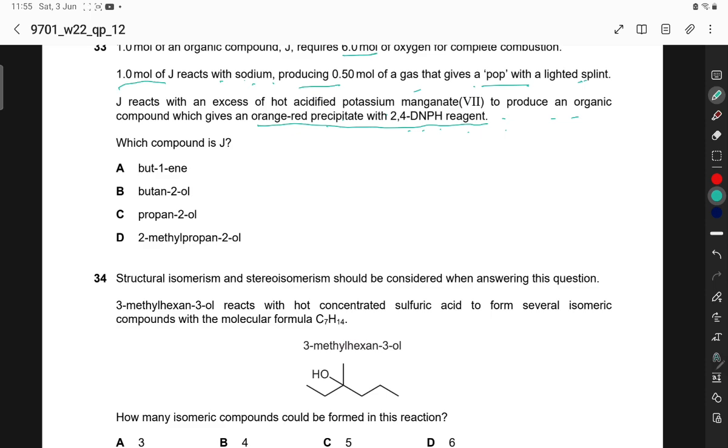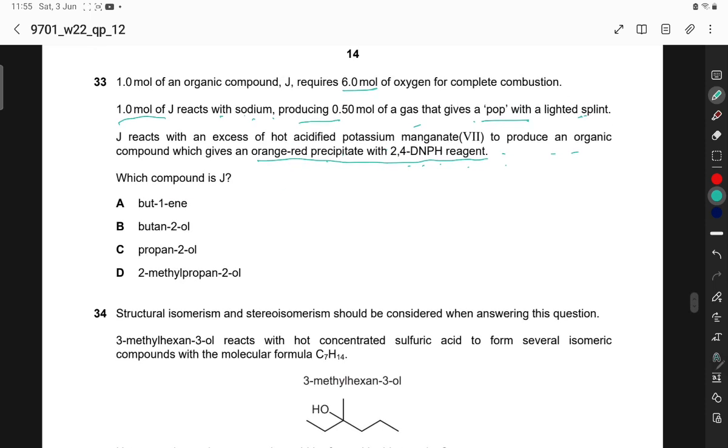But-1-ene. If it gives a positive test with 2,4-dinitrophenylhydrazine reagent, but-1-ene is an alkene, and an alkene does not give a positive test with 2,4-DNPH.